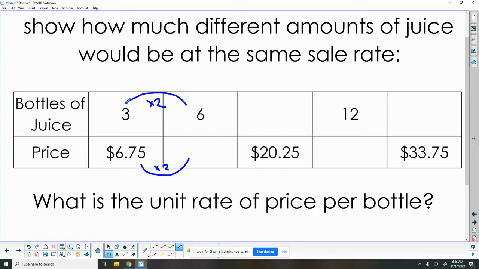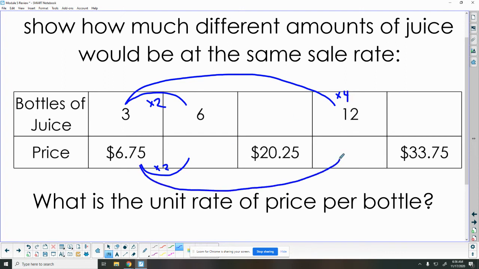So since these numbers on the top are nice whole numbers, I'm going to skip over here. 3 times to get to 12 is times by 4. So I want to do the same thing here, times by 4. So let's go ahead and do those and then come back and check.